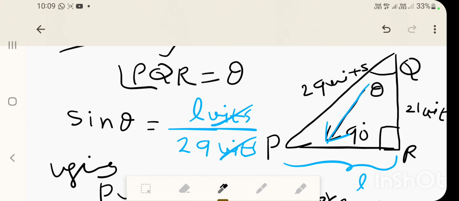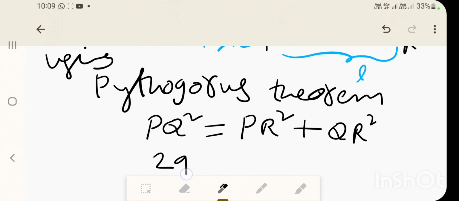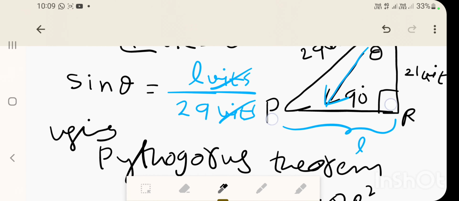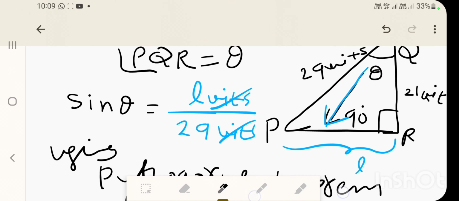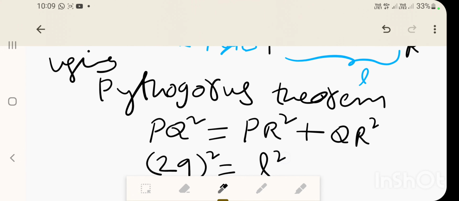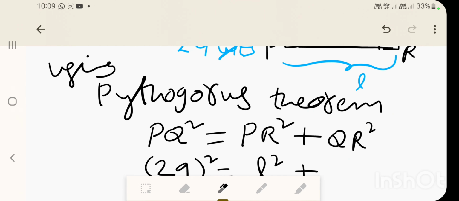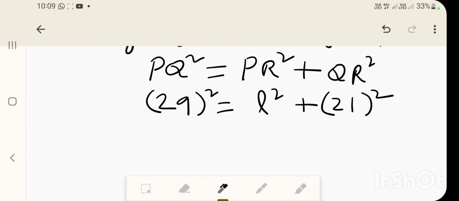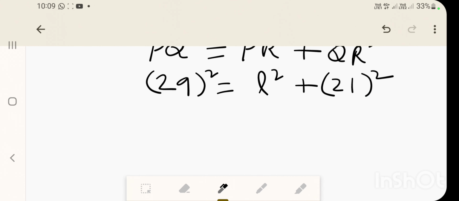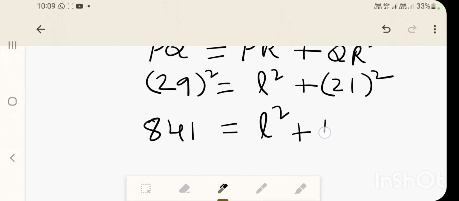Right. So PQ is given as 29 square. Leave aside the units. We have PR square, which we have taken as L square, and QR is 21 square. Now we need to find L square. 29 square is 841, which is equal to L square plus 21 square, which is 441.